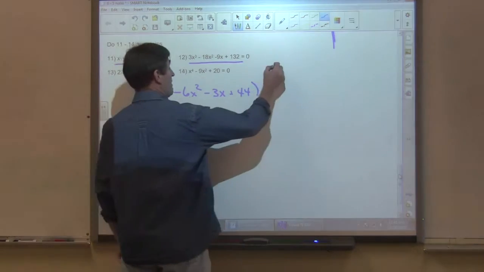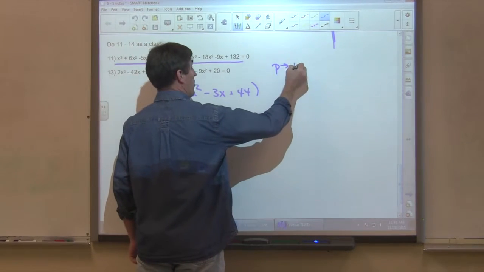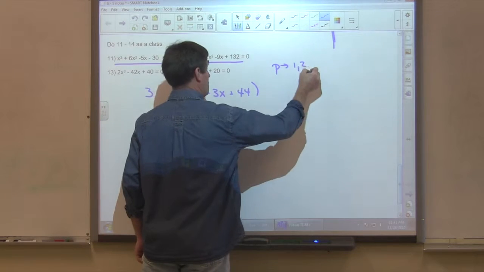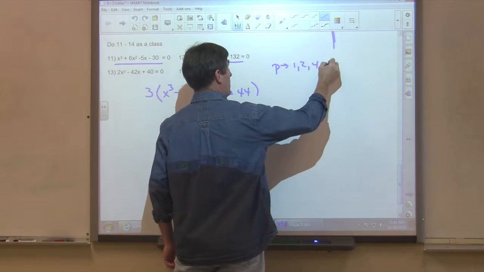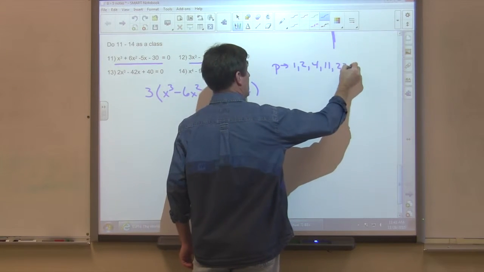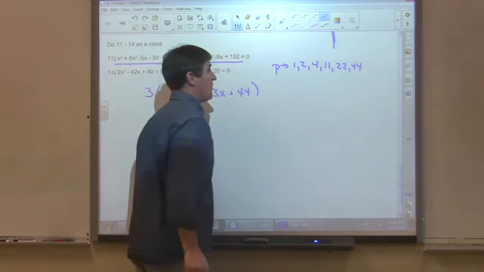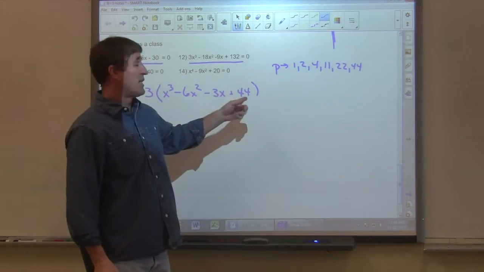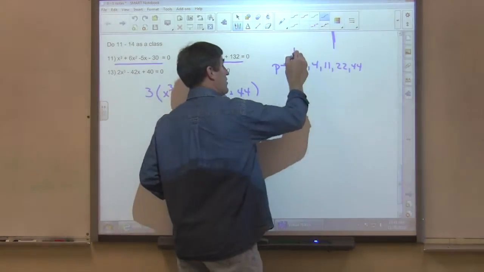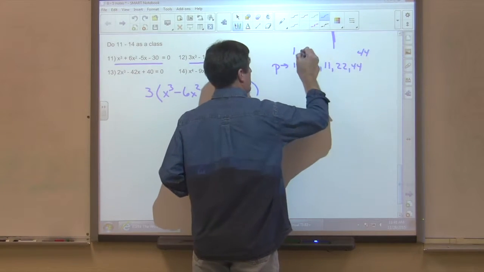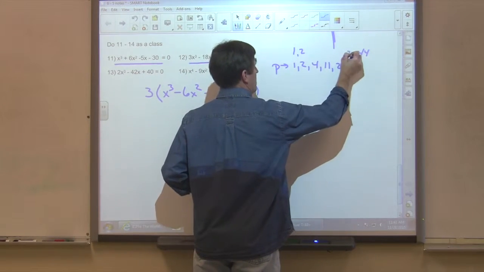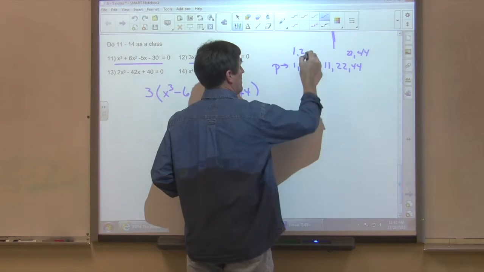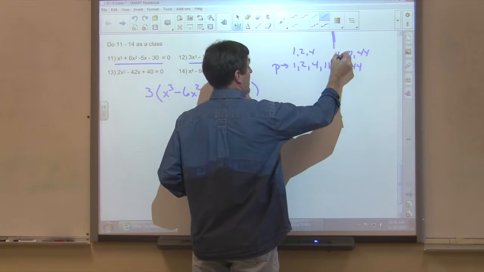And now we take the factors of p, which are 1, 2, 4, 11, 22, and 44. For those of you that have trouble finding these factors, you can just go 1, no, that's 44, 2 and 22, 4 and 11.